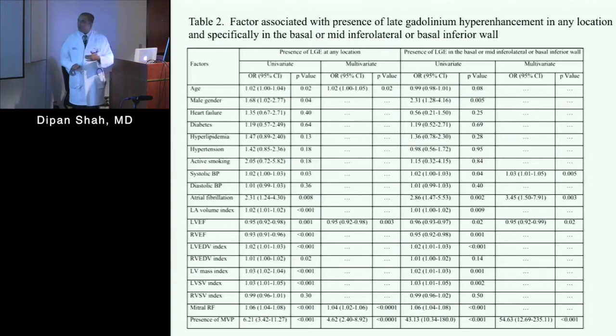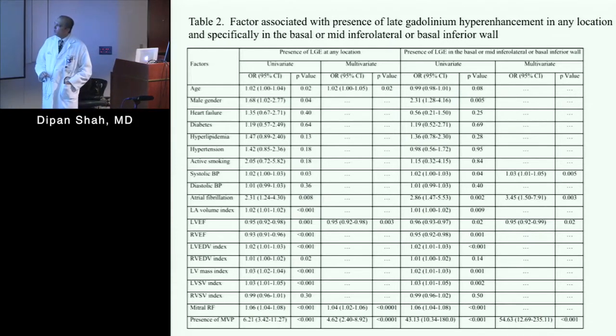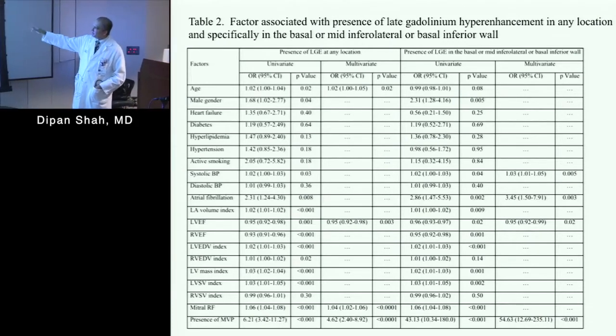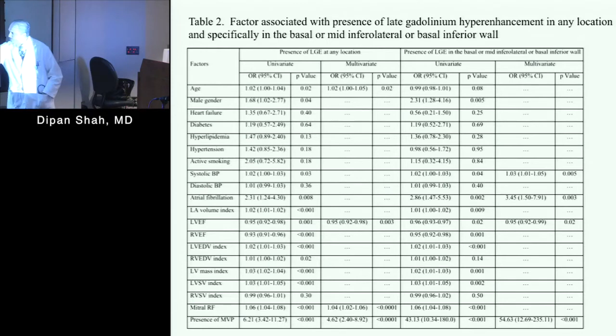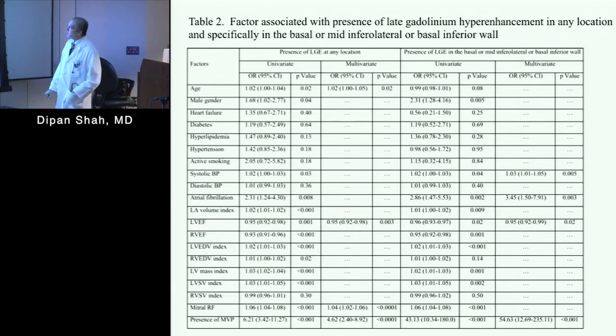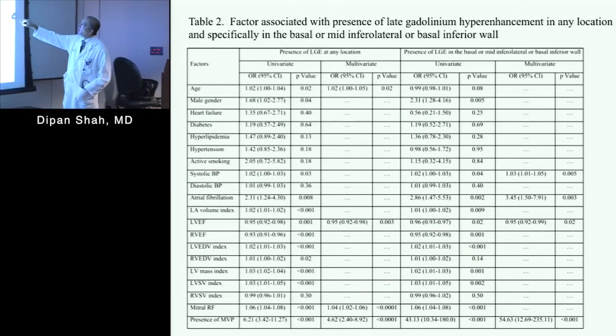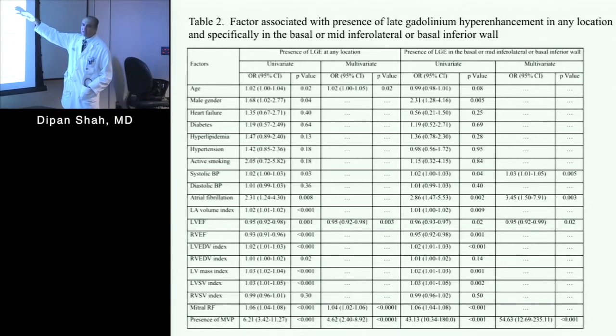So we then did a multivariable analysis to ask what the factors are that are independent predictors of having fibrosis anywhere in the left ventricle, which is the left-hand side of this table. And again, this is kind of a busy table. Or specifically in the areas adjacent to the posteromedial papillary muscle, which is the right-hand side over here.